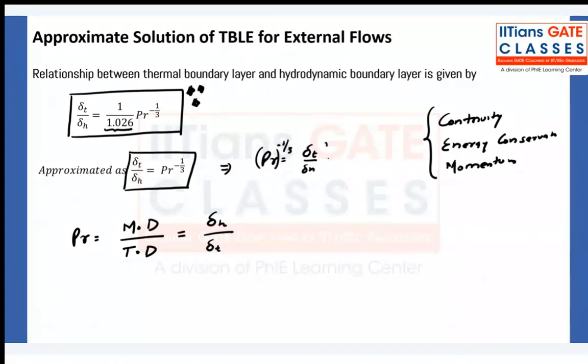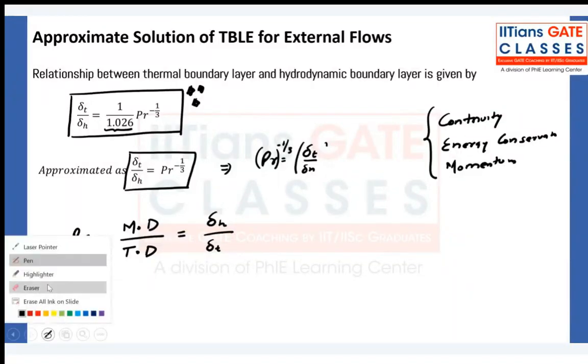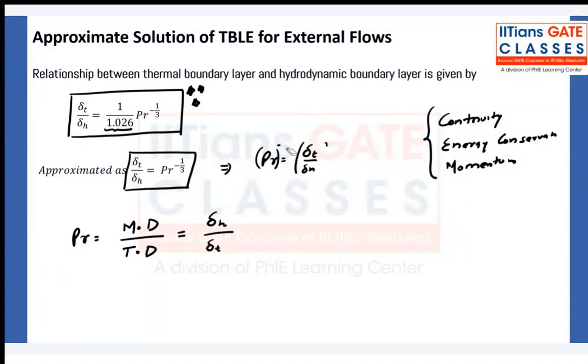I can also write it with minus 3 as well, or with 3 as well. So it is basically giving you the same thing. But actually Prandtl gave you this. So in a question, they may give you the Prandtl number and the hydrodynamic boundary layer, and you need to find out the thermal boundary layer. Sometimes that kind of question may come.